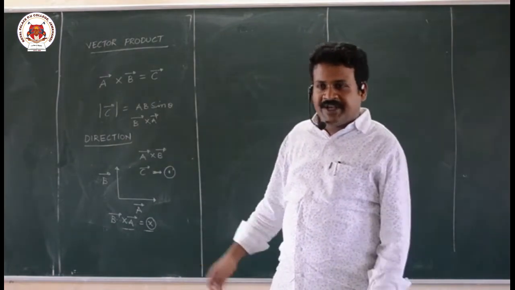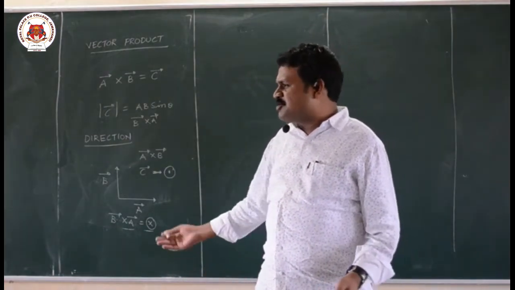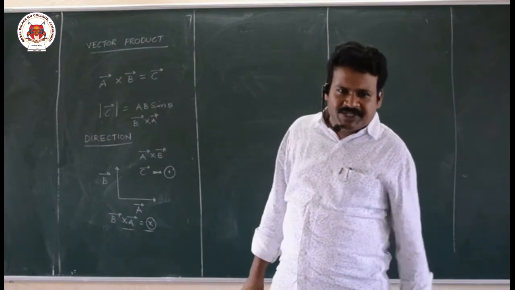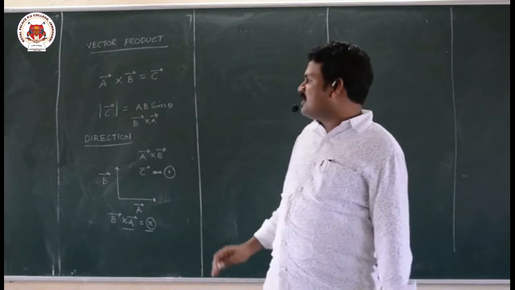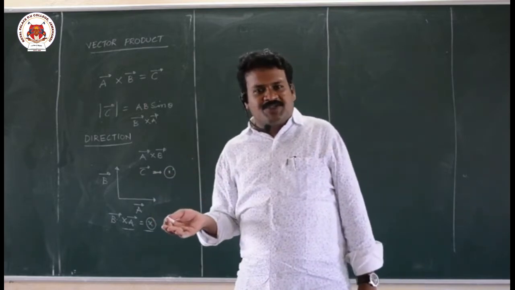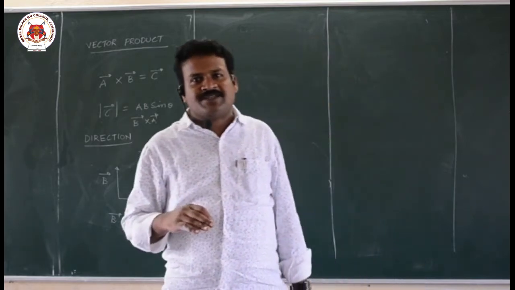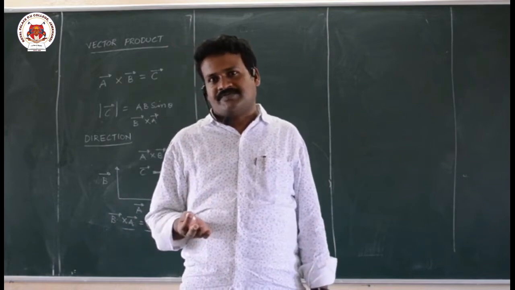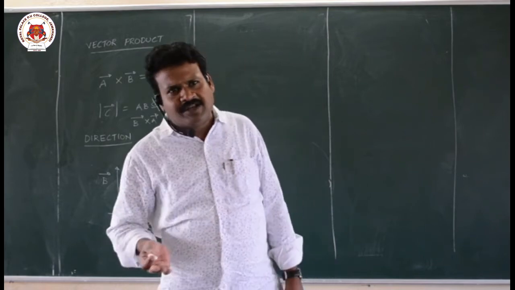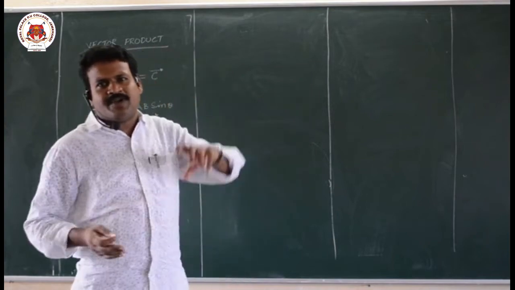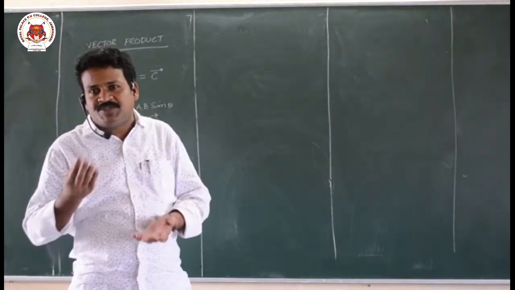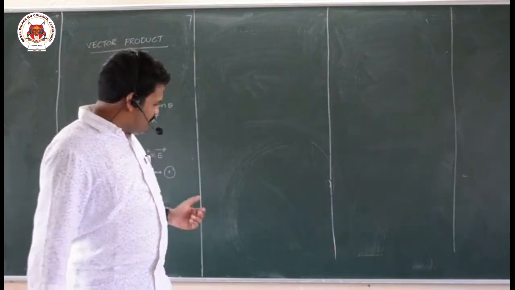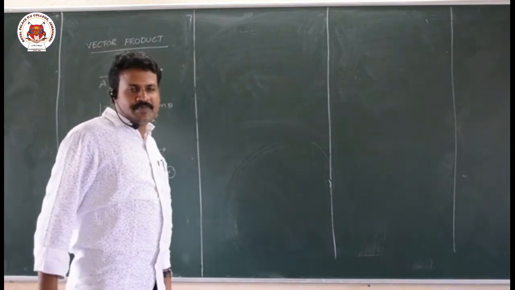They may ask theoretically: a vector is pointing towards north, another vector is pointing towards east, what is the direction of their cross product? You can draw north and east on the paper and apply the rule, then find in which direction that screw is moving. That is the direction of a bar cross b bar.